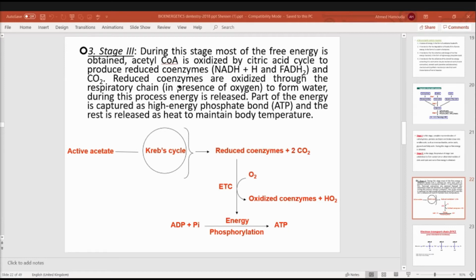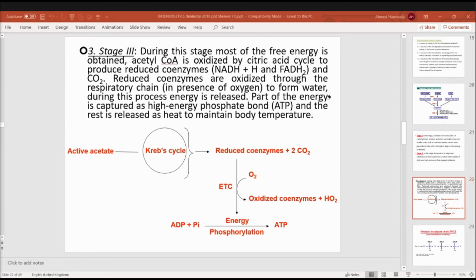So that's why we say reduced. If they ask you whether NADH and FADH2 are oxidized or reduced, they are reduced. Then they are going to get oxidized through the respiration chain.